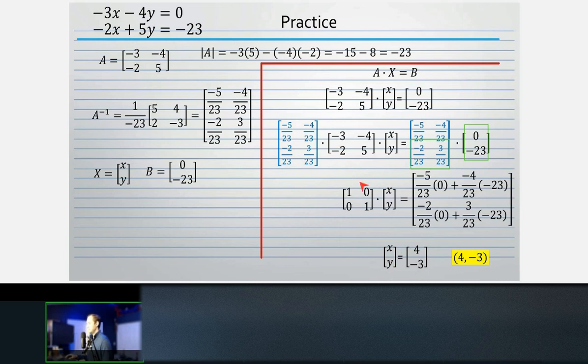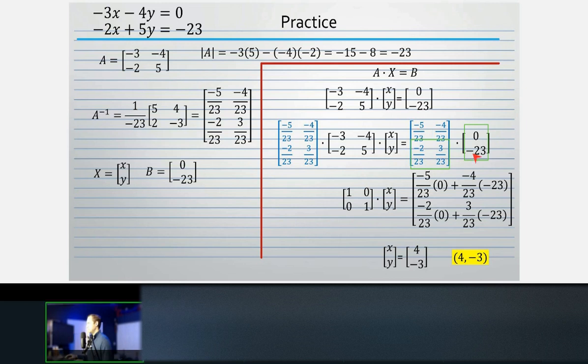But this is what actually is going on. This times this is the identity matrix. Identity matrix times this 2 by 1 is just equal to the 2 by 1. We did that in bell work to show that. And then on the right side, this is really the only math that we have to do. Other than part 1, this is the only hard math in part 2.